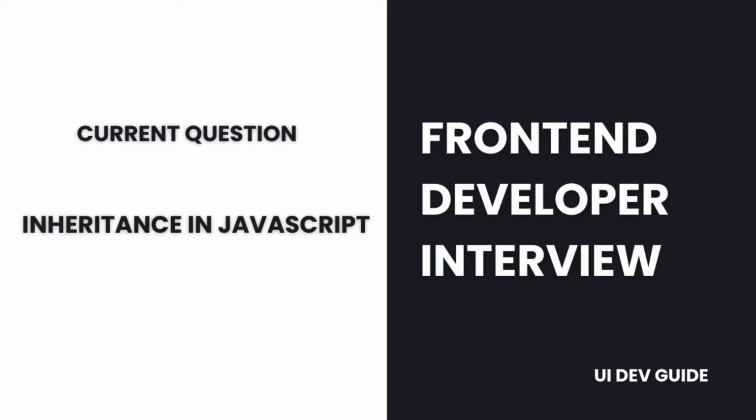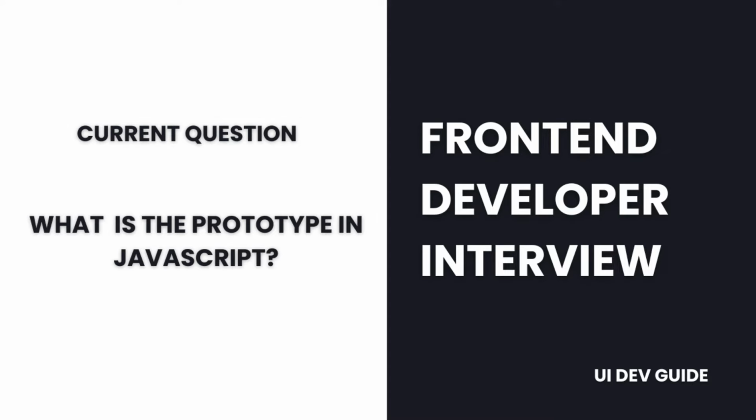How do we extend? Using prototypal inheritance, like object dot prototype equals to. So what exactly does prototype do? It inherits all the properties of the parent one.